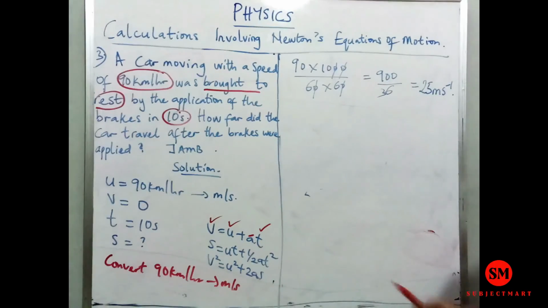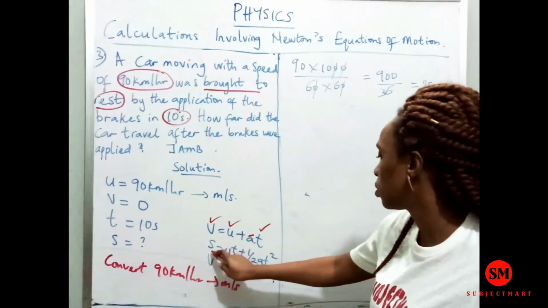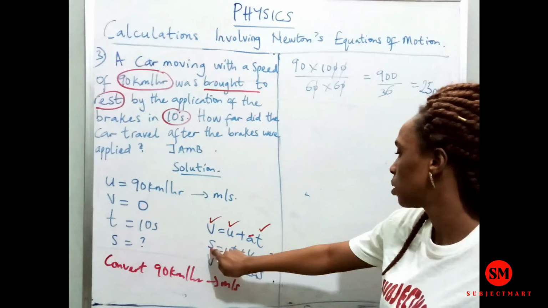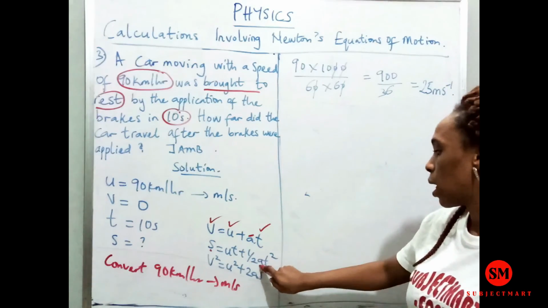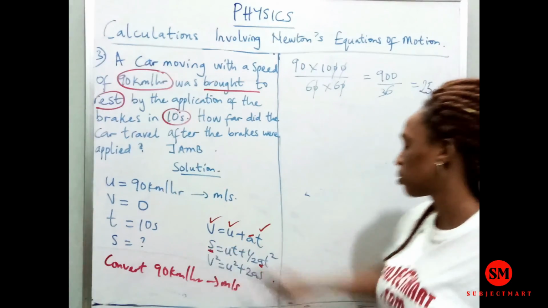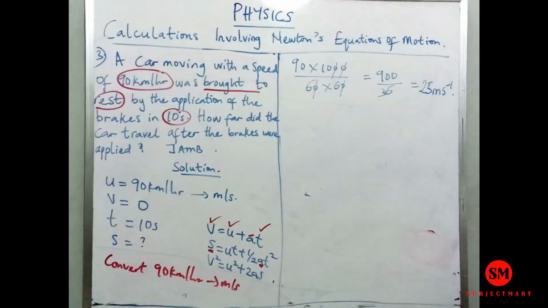If we use the second equation, that means we don't have A and we don't have S, so that will not be the best thing to do.